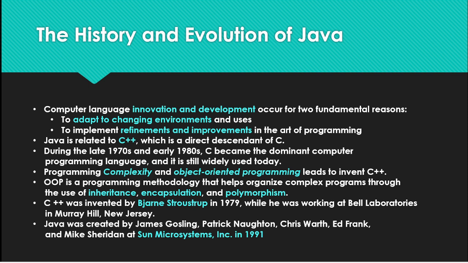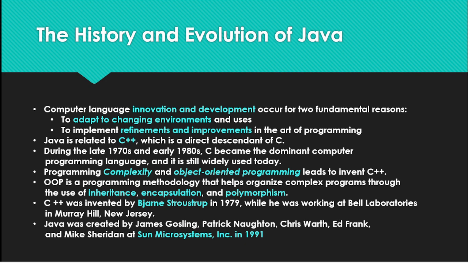Java is mostly related to C++, and it is a direct descendant of C. C is the main language, discovered first, and later C++ came, and the features from C and C++ are part of Java. So Java uses those features. During the late 1970s and early 80s, C became the dominant computer programming language, and it is still used today as well.